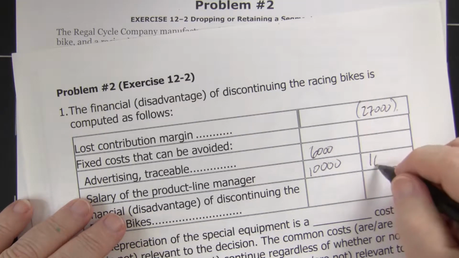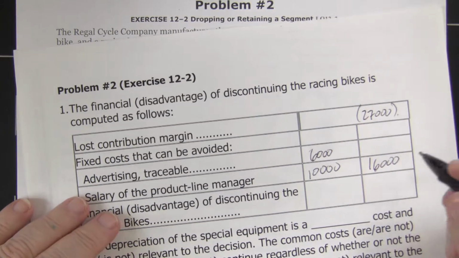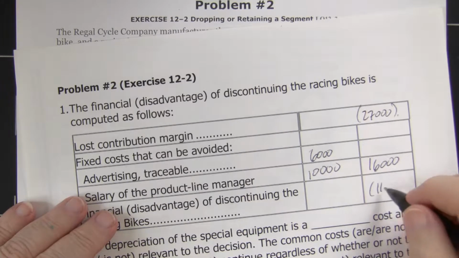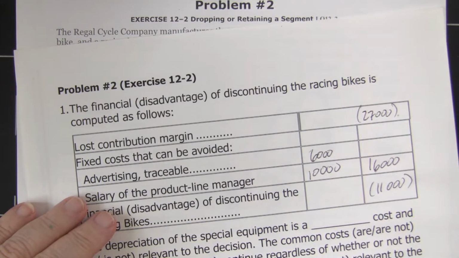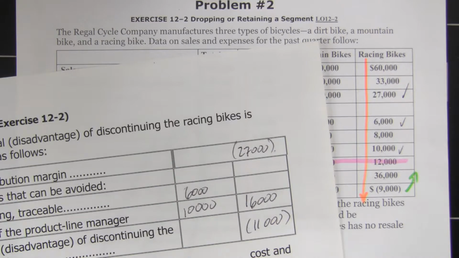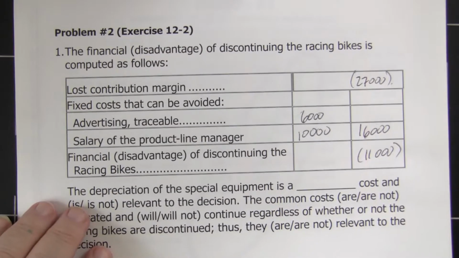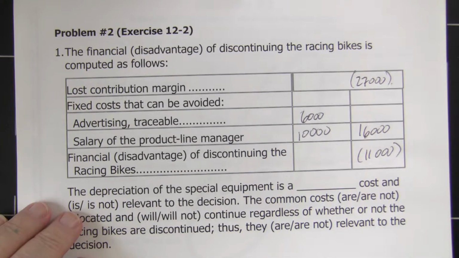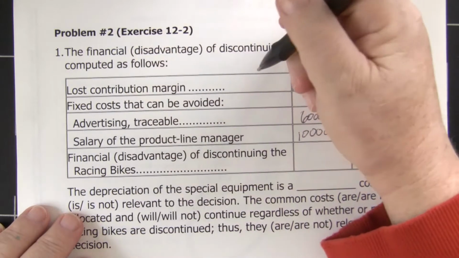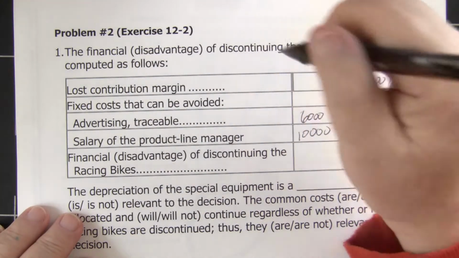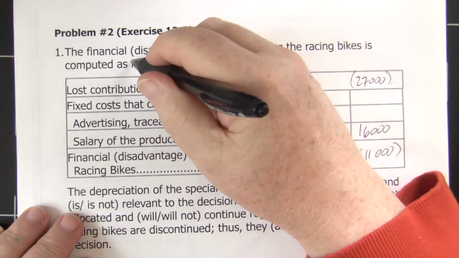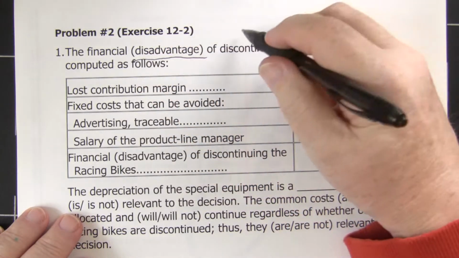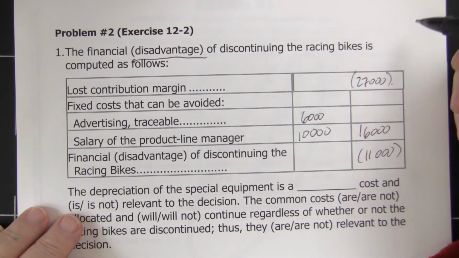We're going to save $16,000. So when all's said and done, instead of making $9,000, we're going to lose $11,000. So there is a disadvantage of discontinuing the racing bikes.